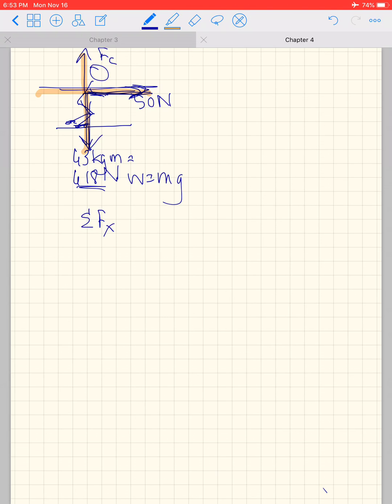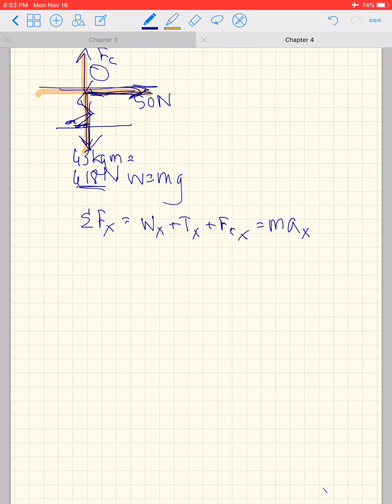I have 3 arrows. That means I have 3 forces that I have to add up. So it's going to be my W sub x plus T sub x plus F sub c sub x is equal to m a sub x.